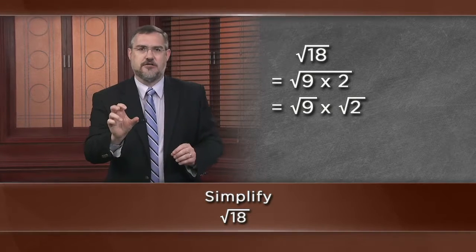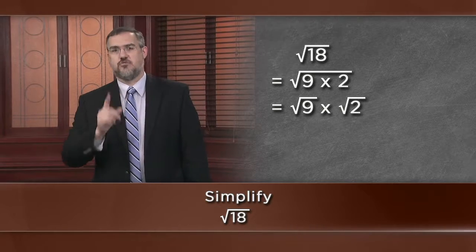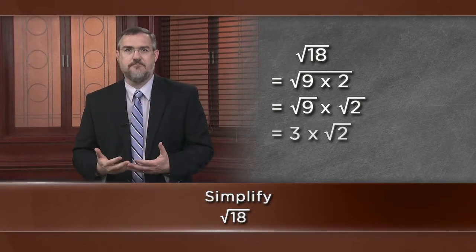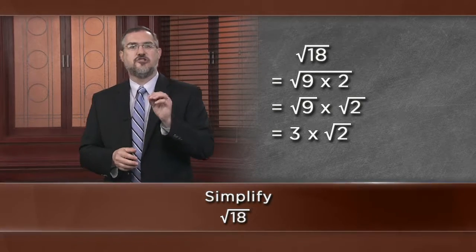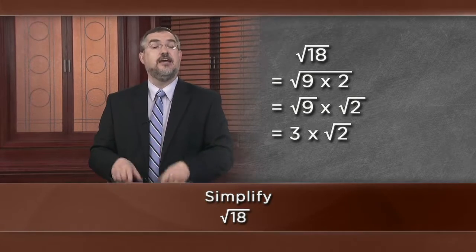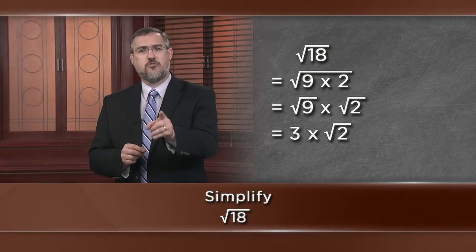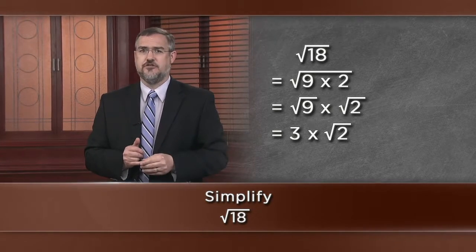Now, that part that has the 9 by itself can be simplified because the square root of 9 equals 3. And therefore I know that the square root of 18, which is the same as the square root of 9 times 2, is the same as the square root of 9 times the square root of 2, which is equal to 3 times the square root of 2.